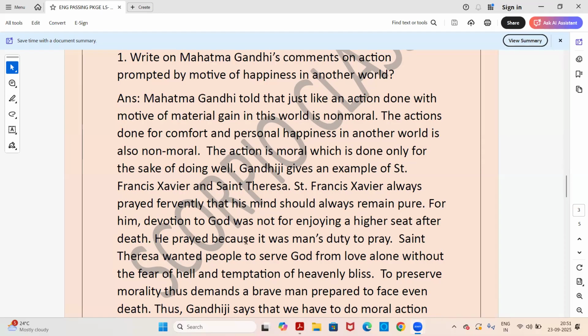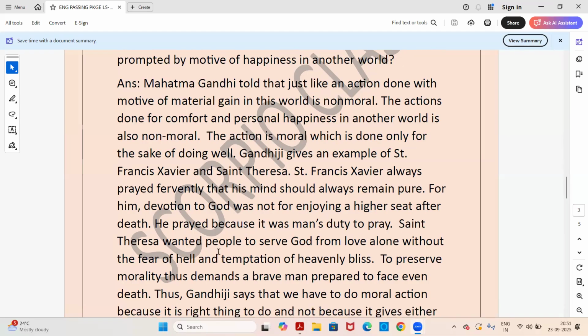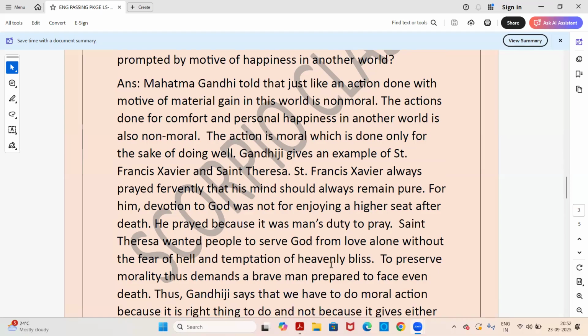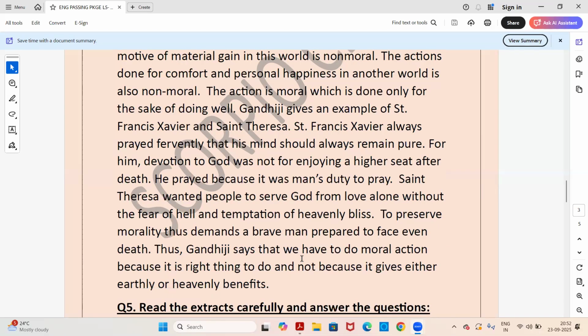He prayed because it was man's duty to pray. Saint Teresa wanted people to serve God from love alone, without the fear of hell and temptation of heavenly bliss. To preserve morality, thus, demands a brave man prepared to face even death.